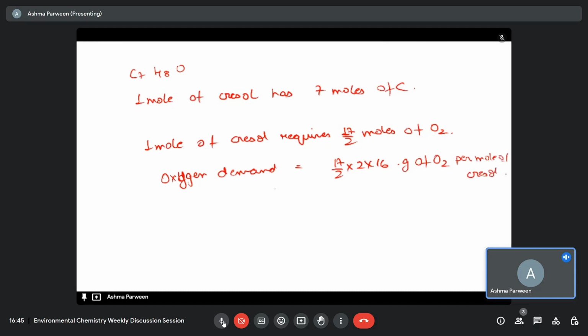To find the oxygen demand per gram of carbon, it will be 17 by 2 into 2 into 16, divided by the mass of carbon. Dividing these, we get the final value, which is around 2.5 milligrams oxygen per milligram of carbon. So let's move to the next question.